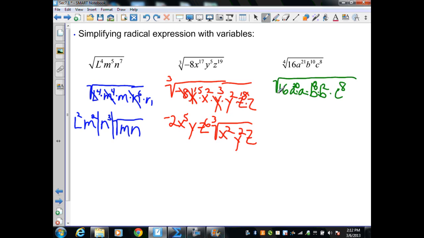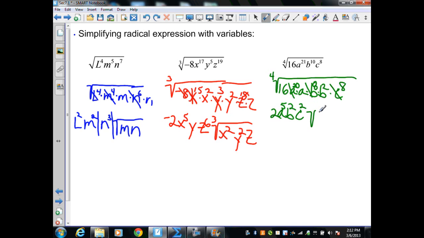When I simplify, I have the fourth root of 16, which I know is 2. The fourth root of a to the 20th is a to the 5th. The fourth root of b to the 8th is b squared. And the fourth root of c to the 8th is going to be c squared.